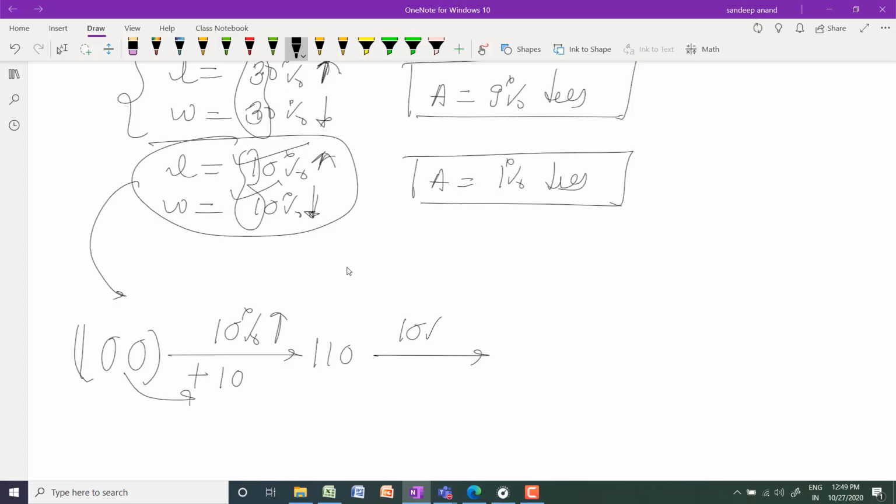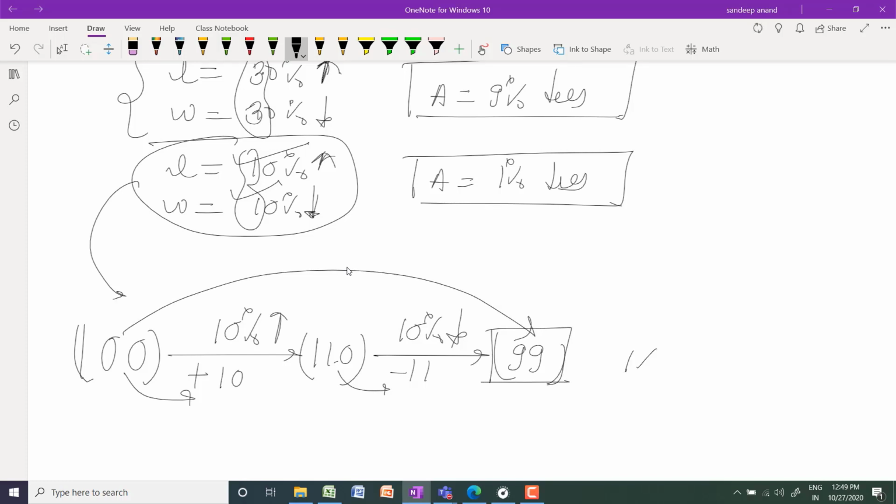Now if 10% decreases the term, what is 10% of 110? 10% of 110 is 11. So if you subtract this value, you will get 99. Initially the area is 100, now it becomes 99. So there is a 1% loss. Loss means 1% decreases.